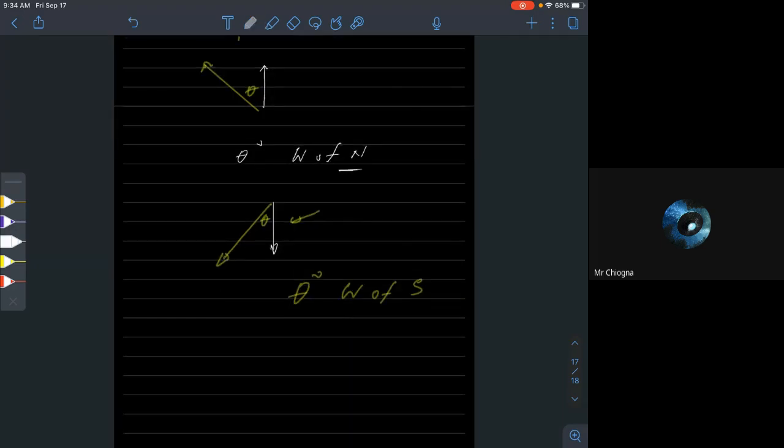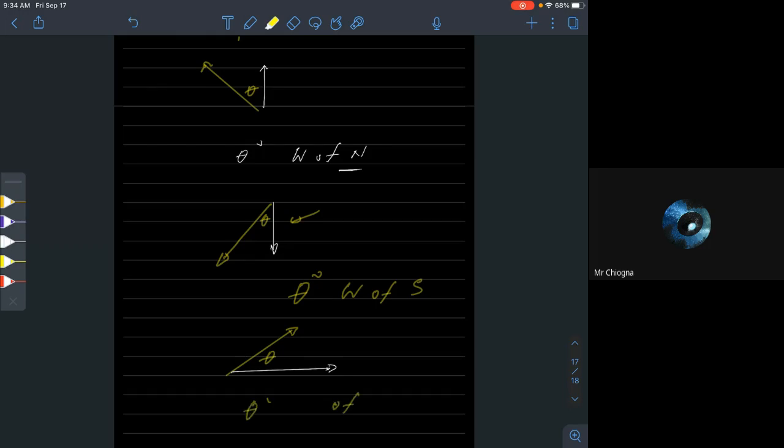Okay, try a couple more. I like drawing the resultant as a different color. Just be aware which one is the resultant. It's a yellow arrow. There's the angle at the tail. Define that. Something of something.